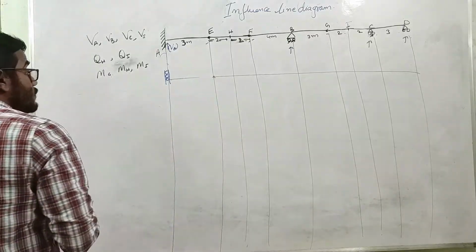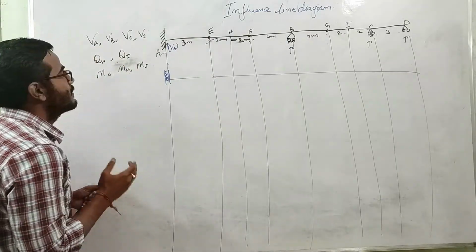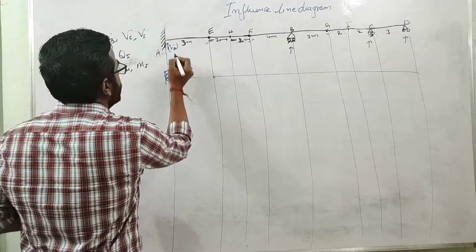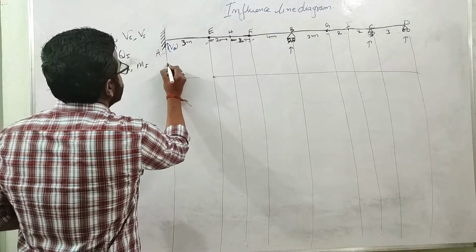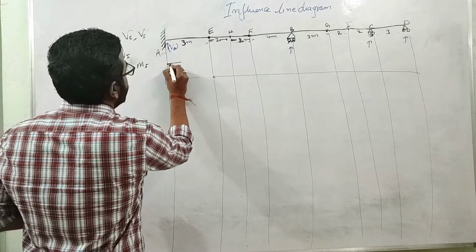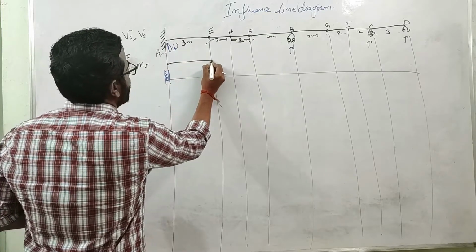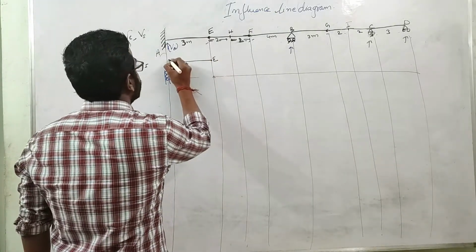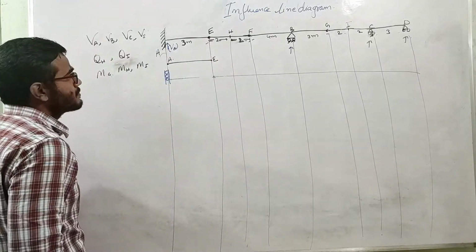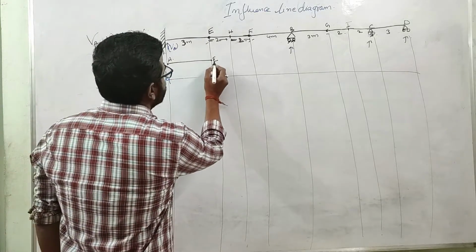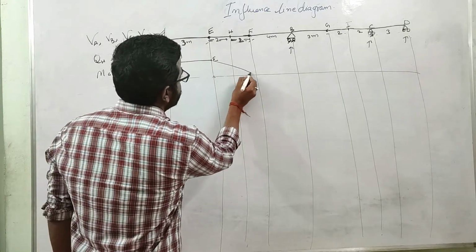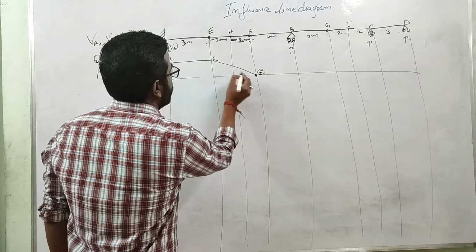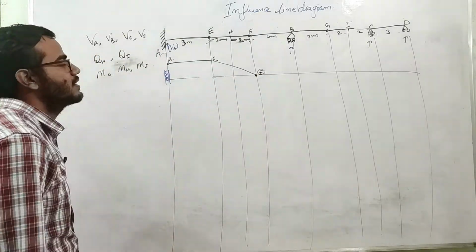When we give the unit deflection at point A, I'll simply lift this portion upward, and to maintain the zero slope at A, point E will also move upward. This is point E, this is point A, and after this it will come down to point F like this. This is basically the elastic curve.